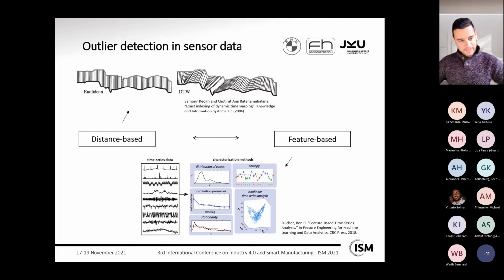So what kind of methods are there for outlier detection in sensor data? And we see this is mostly series data. So basically there are two different kinds of approaches. One approach is based on distances, and the other kind of approaches are based on features. With the distance approaches, you have pretty much to decide which kind of distance function or which kind of metric to use.